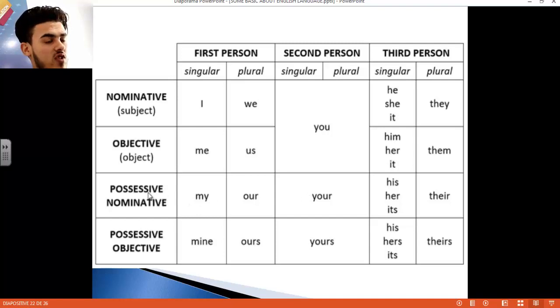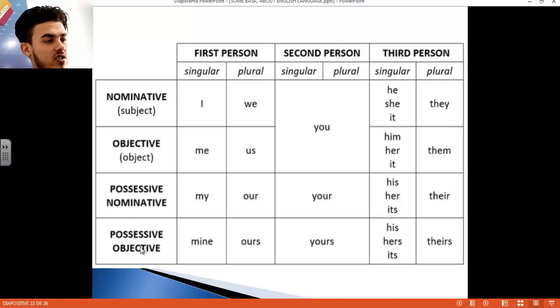We will move to the possessive nominative. Here we have my or our, and this shows possession. When we are dealing with the first person, we use my or our. When we are dealing with the second person, we will use your. His, her, its or their are used for the third person, either in the singular or plural form.